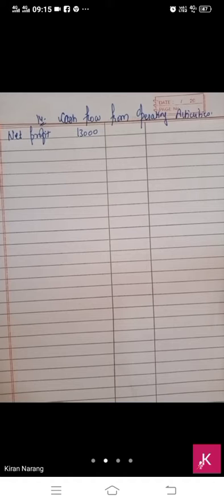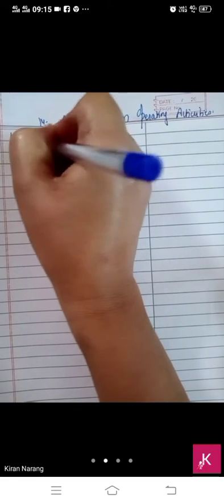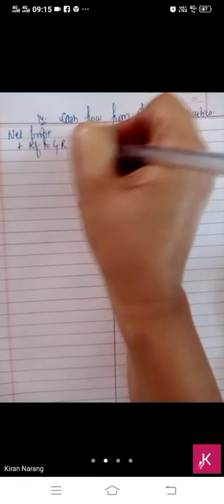It will become 13,000. Whenever one loss and one profit is given to you, you have to add them up. Then in the same note, general reserve is given to you. 9.5 to 15,000, it is transferred to general reserve, 5,500.